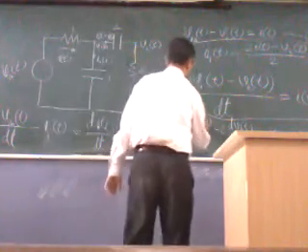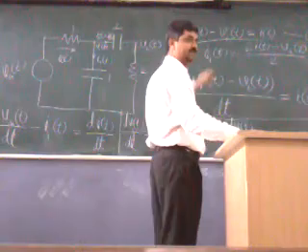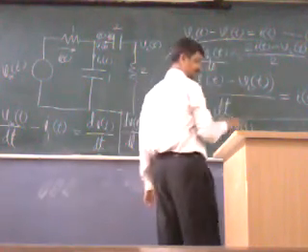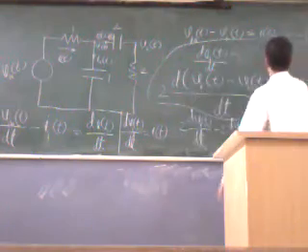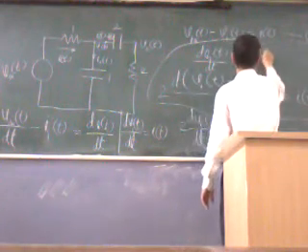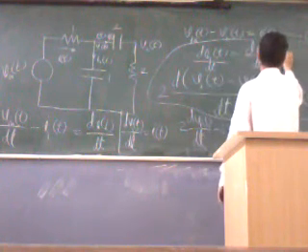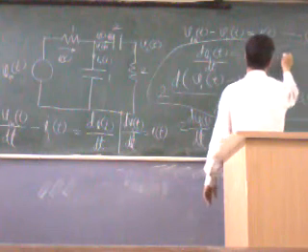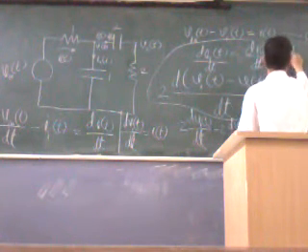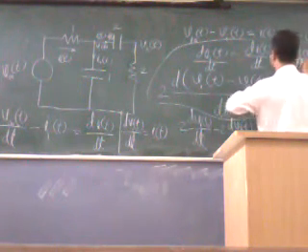Then I now can see I need to differentiate this. So dI1(t) upon dt is equal to, that 2 will go here, dI(t) upon dt minus half dV2(t) upon dt.